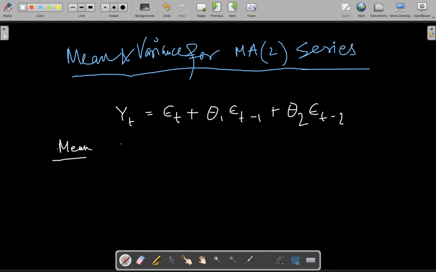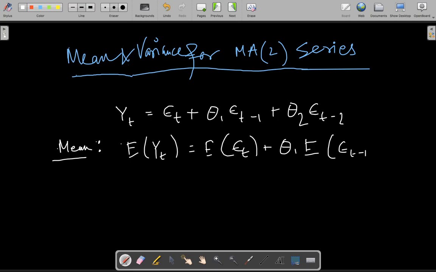So I have E of Y_t is equal to E of my error term, which is nothing but 0, if my error terms are IID, plus theta_1 E of epsilon_{t-1} and theta_2 E of epsilon_{t-2}. All these terms are going to be 0. So my expectation of Y_t is equal to 0, very simple.